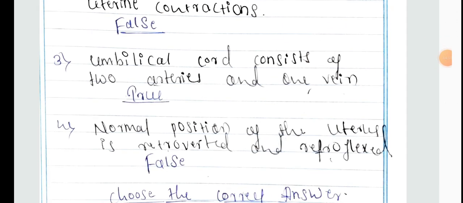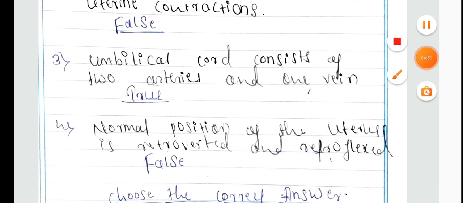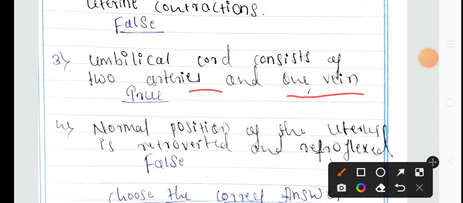Next question, the umbilical cord consists of two arteries and one vein. Yes, true. But if they mention initially it's present as two arteries and one vein, then obviously it's false, because initially, until 4 months, the umbilical cord contains two arteries and two veins. But after 4 months, the left vein will disappear.